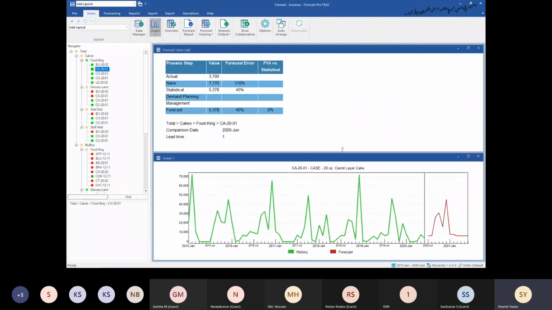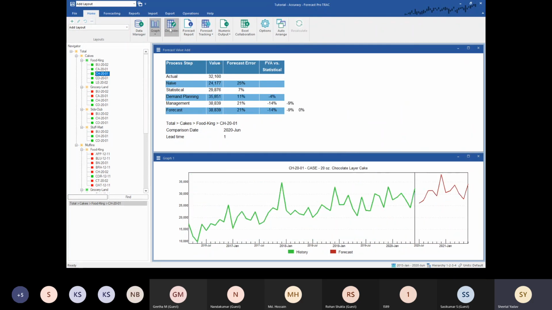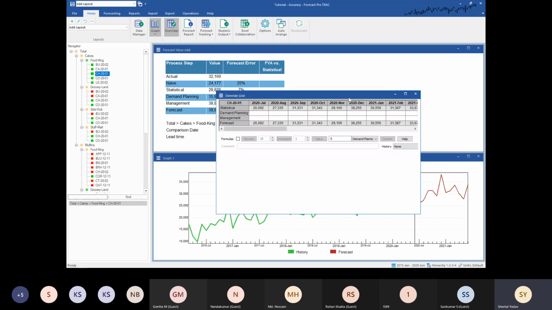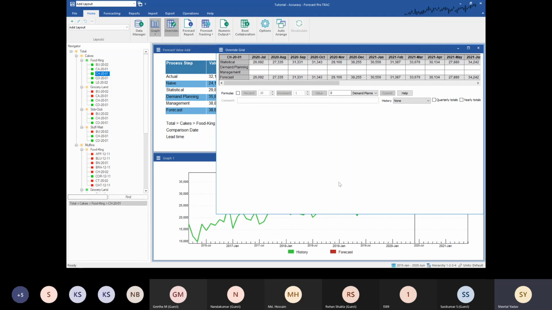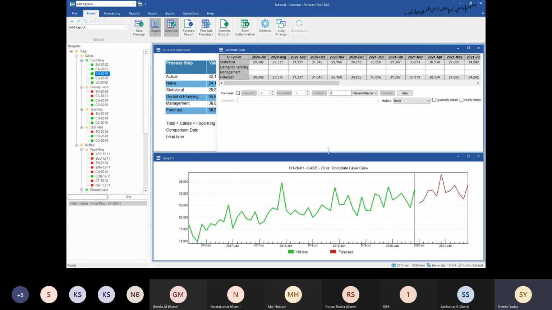For the value add report, I'm going to move into another example that we have over here. Now, we follow a consensus process within the organization, and we might be utilizing the forecast grid in that case. So we have some stat forecast coming in from the system.